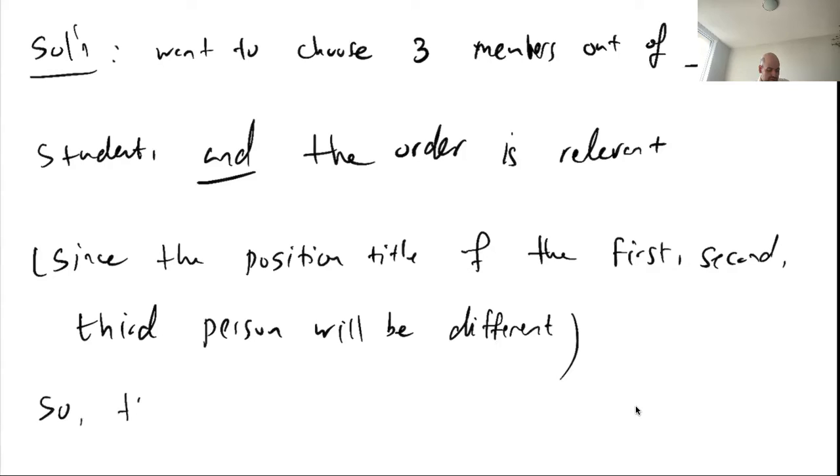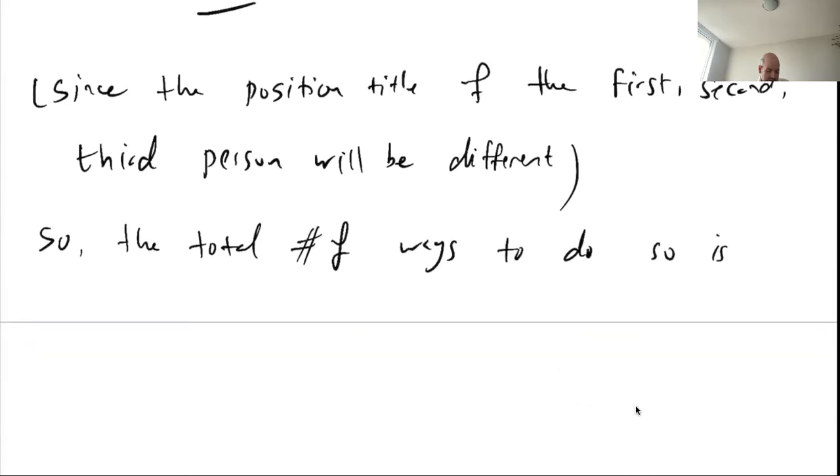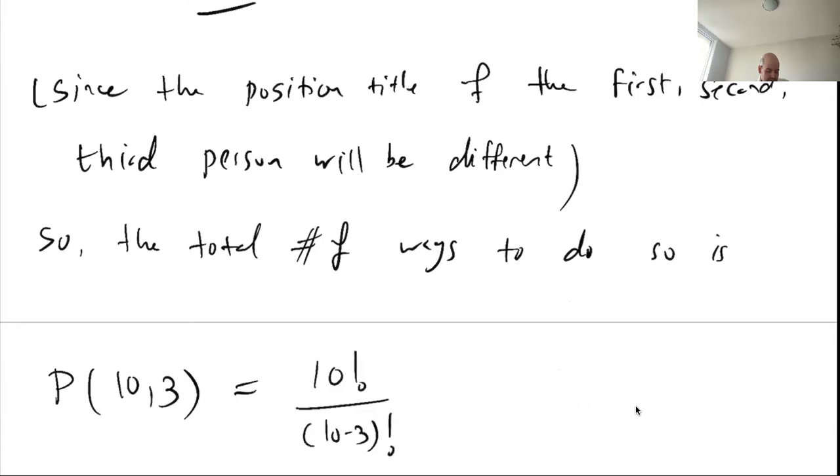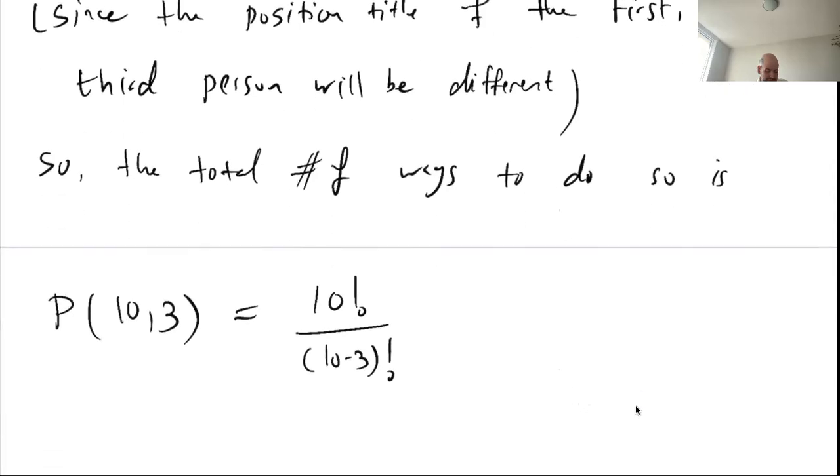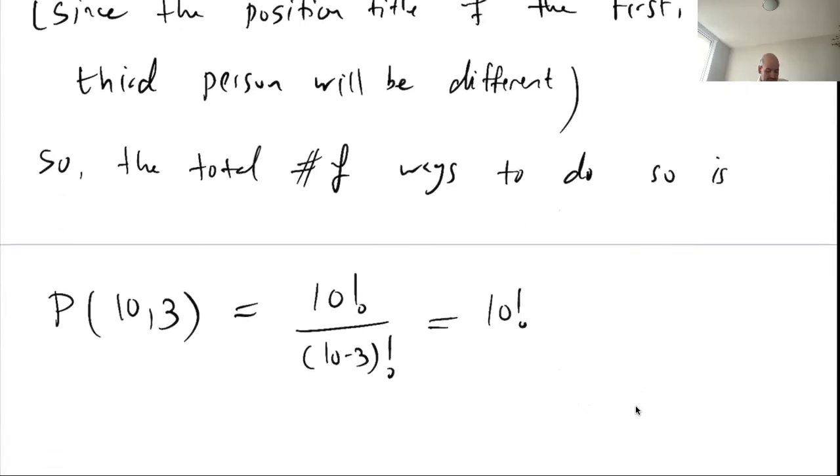So the total number of ways to do so is P(10,3), which is equal to 10 factorial over 10 minus 3 factorial, right? And this is 10 factorial over 7 factorial.